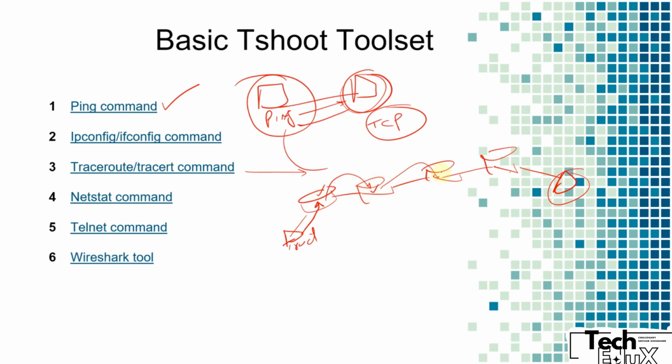If it is okay, it will jump to the next, and then the reply will come back saying it hit the first router, hit the second router, hit the third router, hit the fourth router. It means all routers are working fine.